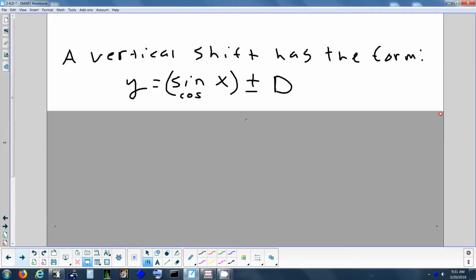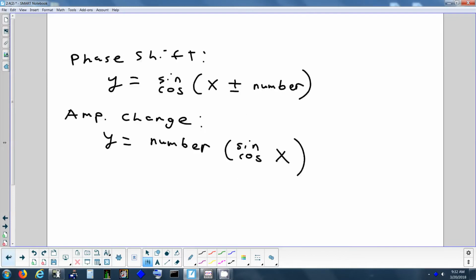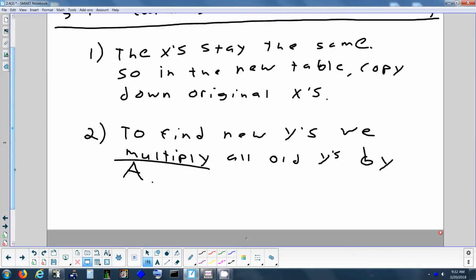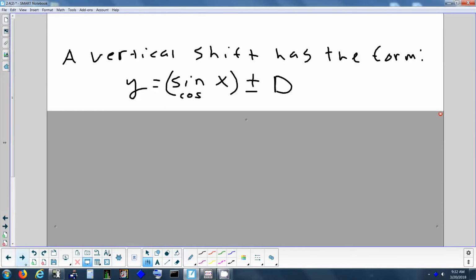A, B, C, D. So if I use those letters, it helps you remember the order to do them in. The A really is, I just used A to represent amplitude. That's why I picked A here. Not because it's the first one, but you guys don't have to worry about the order. Okay, so if you don't want to use D, use any letter you want.